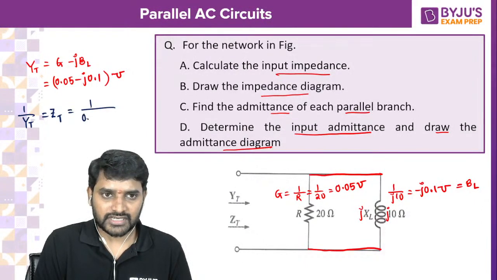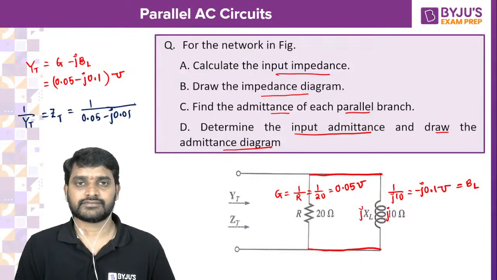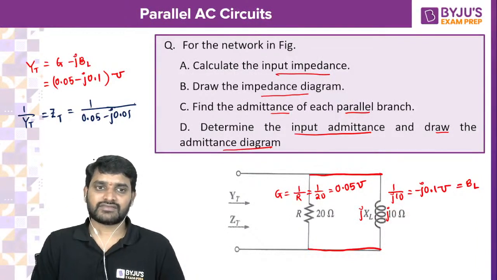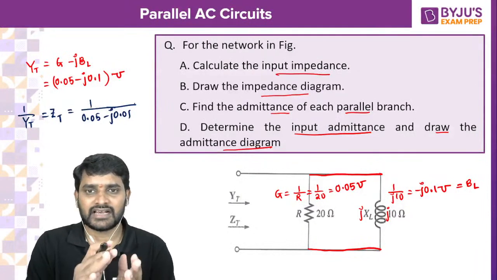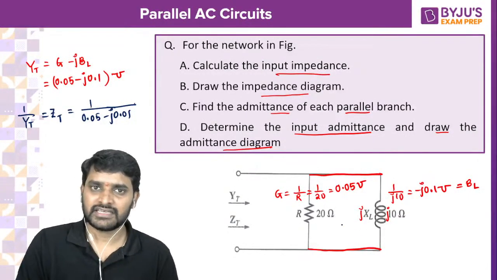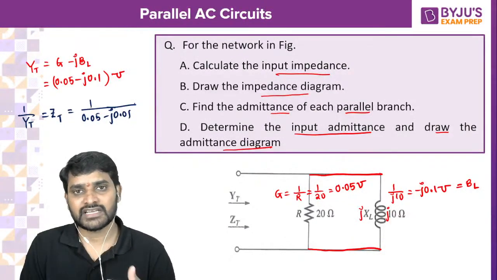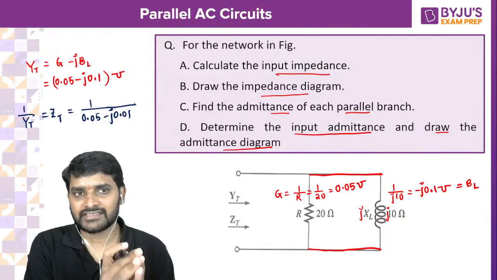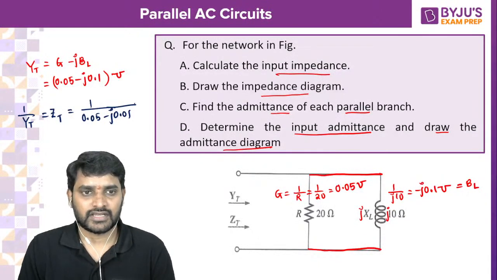Now, can you take the reciprocal of this 0.05 minus j 0.1? For two elements, you can do it simply like R1 into R2 divided by R1 plus R2. That is also fine. When you have multiple elements, like 3, 4 or 5 elements, the best option is to add their admittances, then go for the reciprocal. How do you do this?